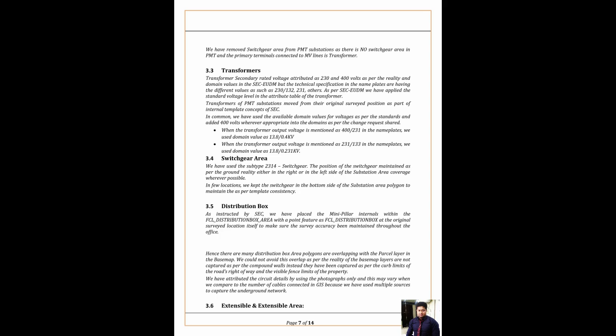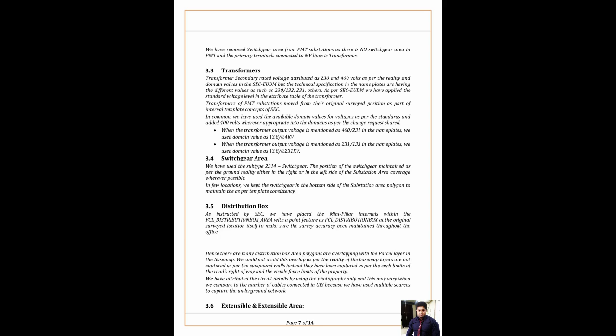We have attributed the circuit details by using the photographs only, and this may vary when compared to the number of cables connected in GIS because we have used multiple sources to capture the underground network.